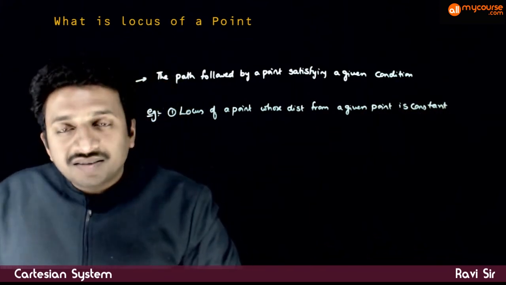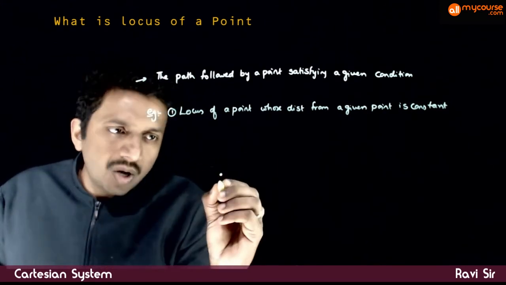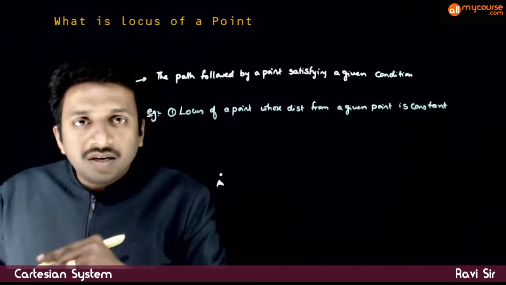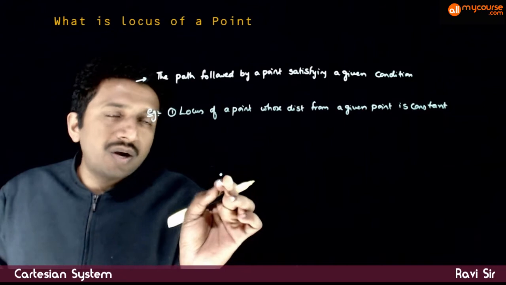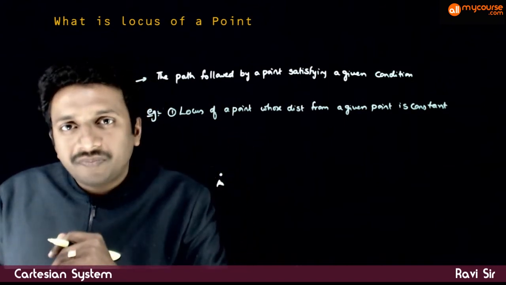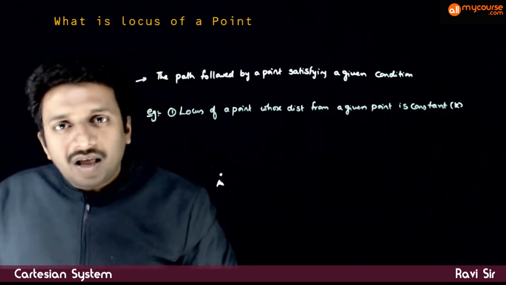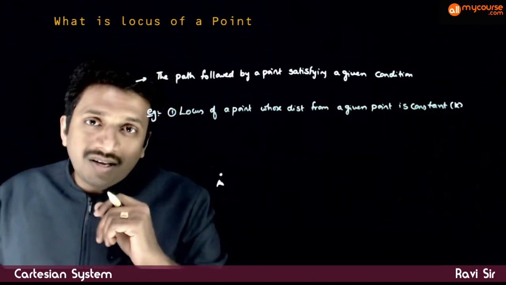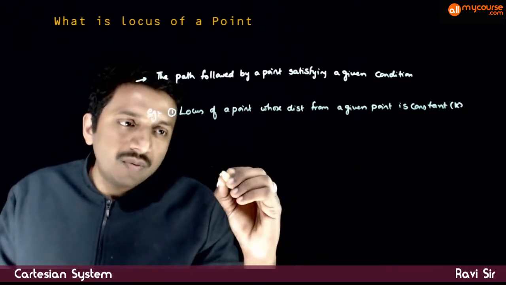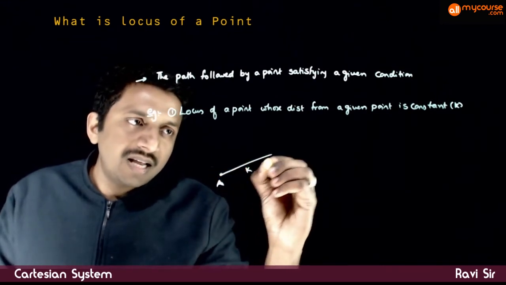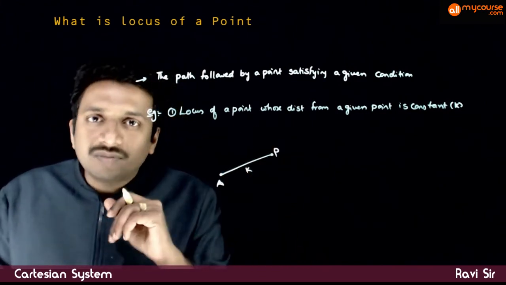So how do we understand this? So that means you have a given point. Let us call this given point A. Now I want the locus of point whose distance from this point is always constant. So let the constant be k. Now what is the path of the point which moves such that the distance from A is always equal to k? So let us take a point P which is at a distance of k units from A.